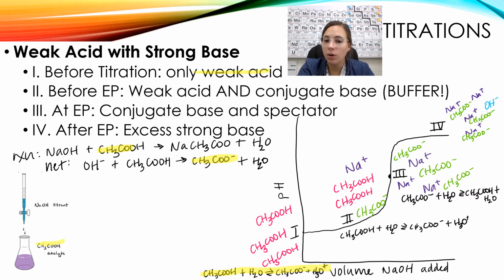So now we have this equilibrium set up. It's the same as the first one, but the difference now is we have both acetate and acetic acid in enough of a concentration to participate. So at this point, we've got a buffer at region 2.